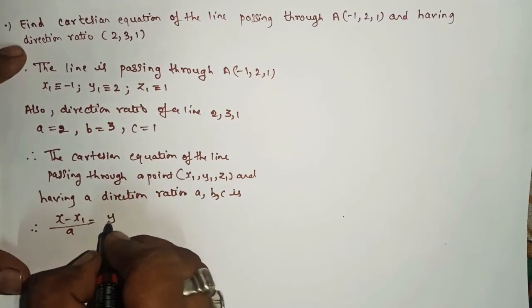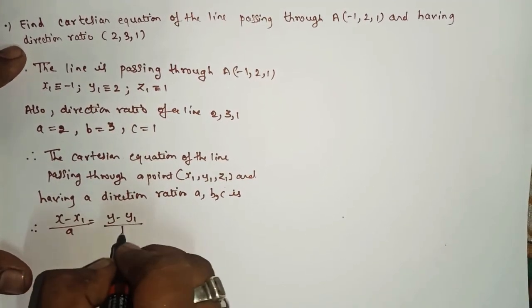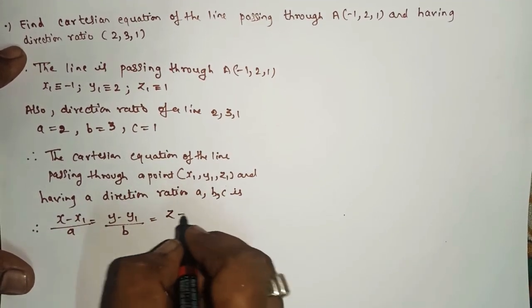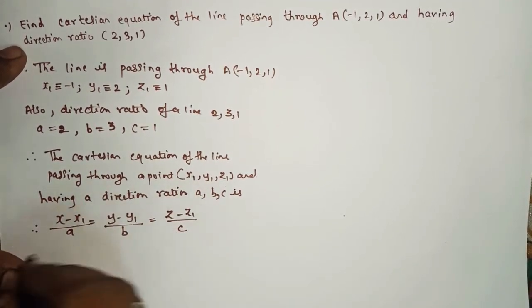So this is the formula which we have to apply: y minus y1 upon b and z minus z1 upon c.